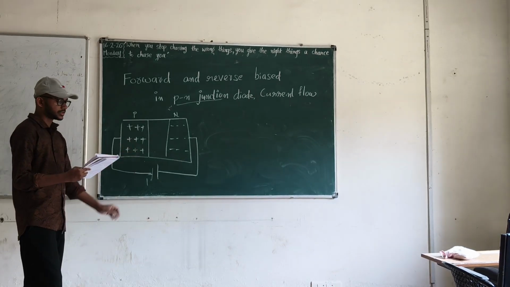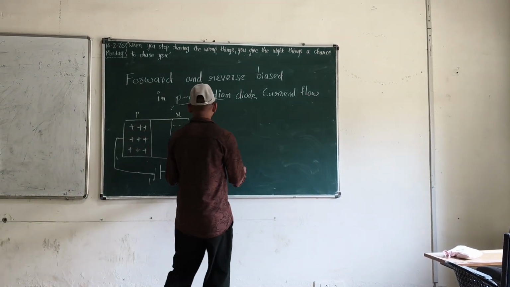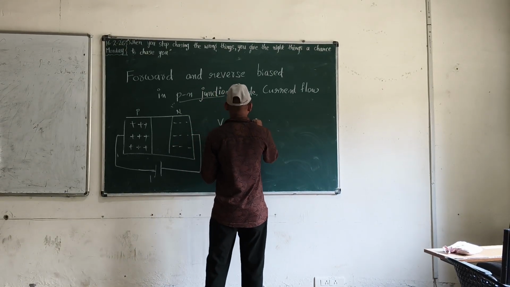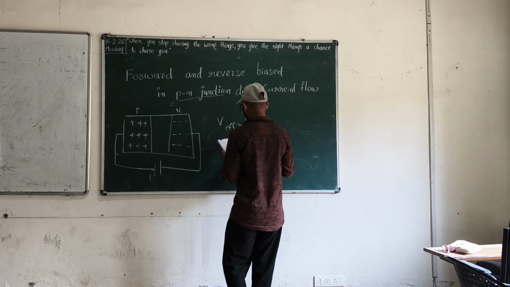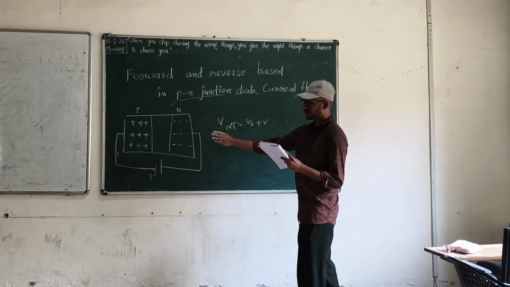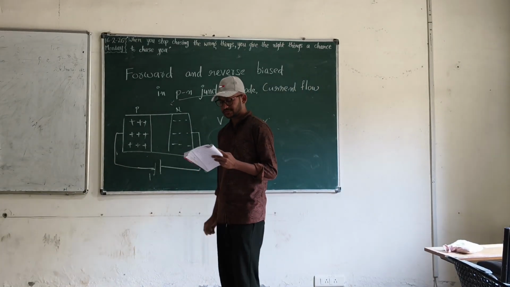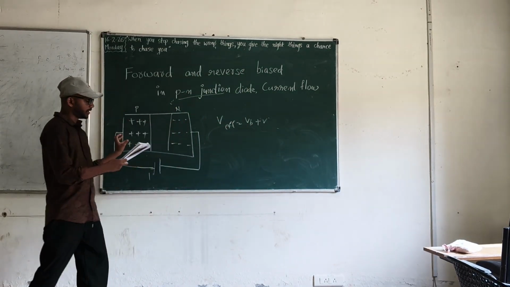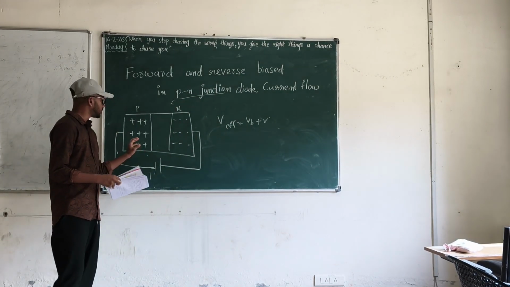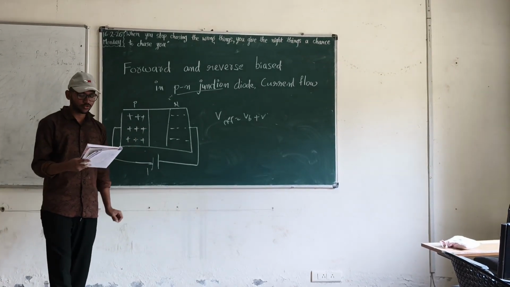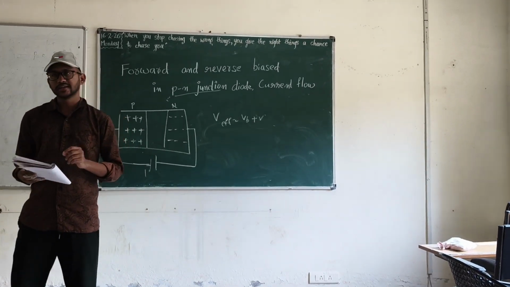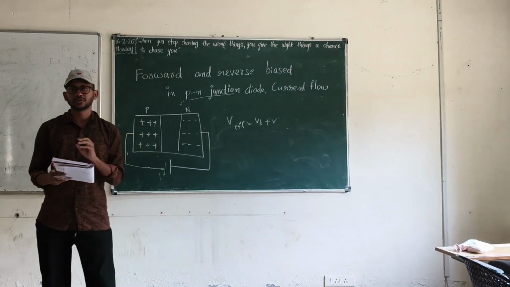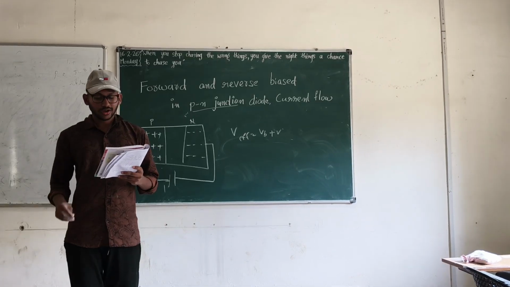Barrier potential also increases. So here effective barrier potential becomes V_B plus V. As a result, this junction offers very high resistance. Majority carriers cannot cross the junction because of this, and only a small number of minority carriers contribute to the current.